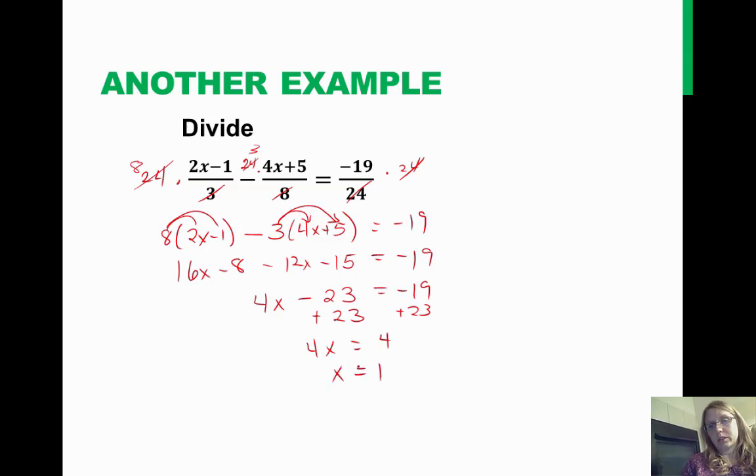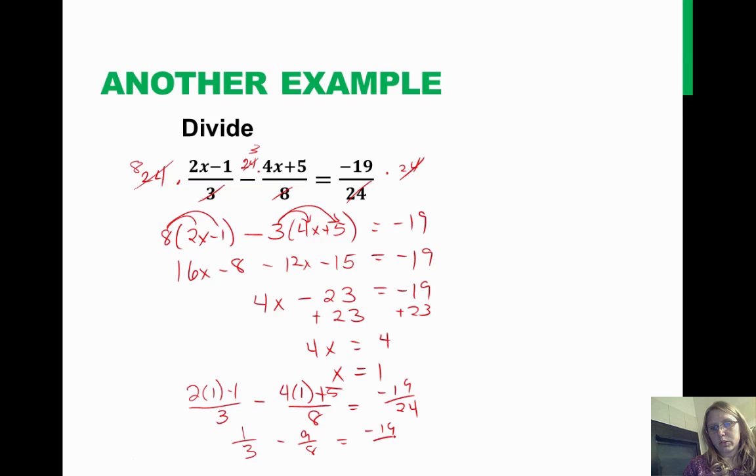We can check our work by going back and putting in 1 for x. Let's do that real quick, just to double check we did this right. On the first one, we have 2 minus 1 is 1 over 3. 4 times 1 plus 5 is 9 over 8, equals negative 19 over 24.